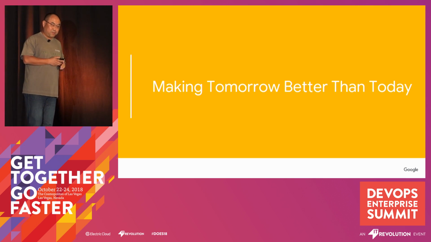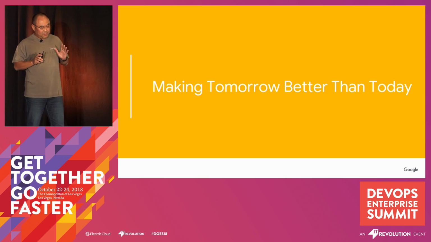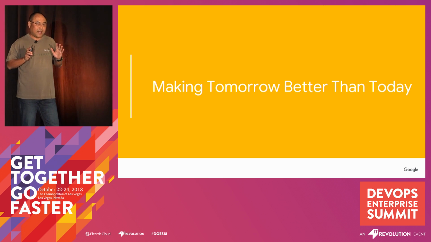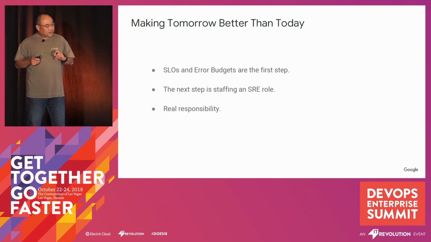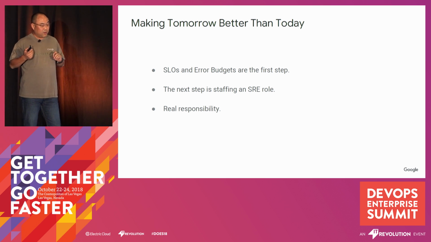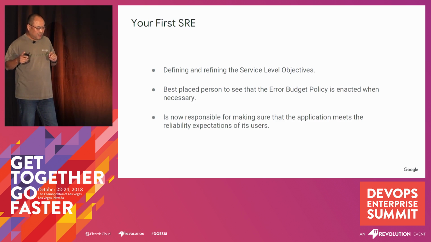Okay, so now let's dive a little bit deeper on why we are insisting on this SLO thing. We want to make tomorrow better than today. SLO and the error budget are only the first step. The next step is staffing the SRE role. The SRE role should have a real responsibility. It's not just advisory or anything. Real responsibility.